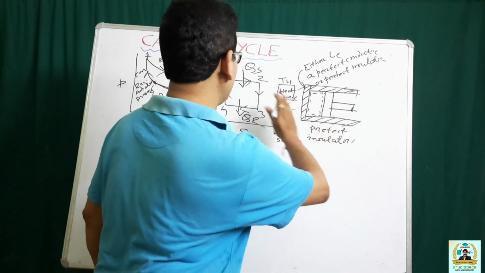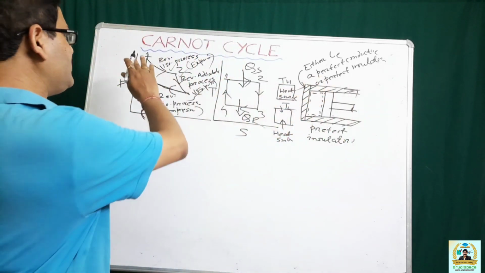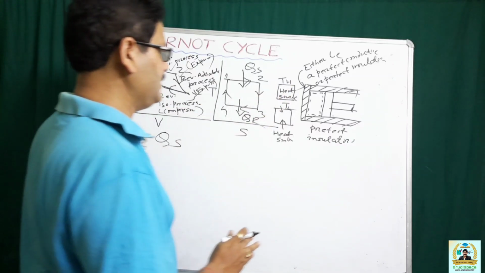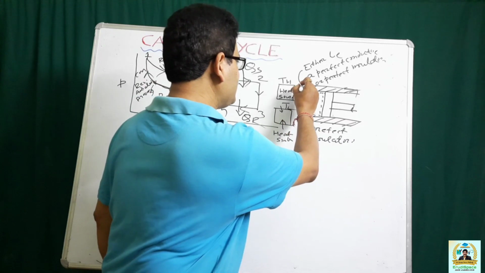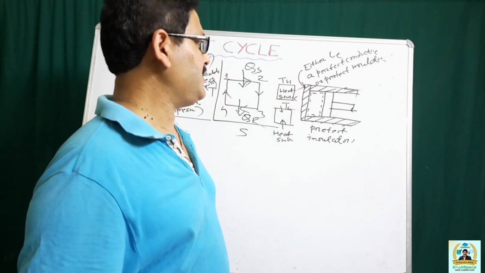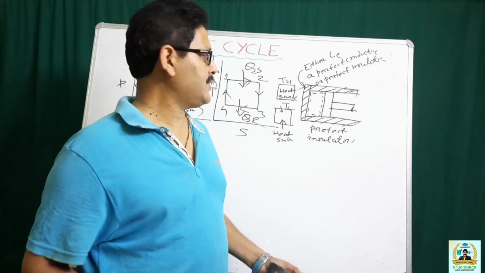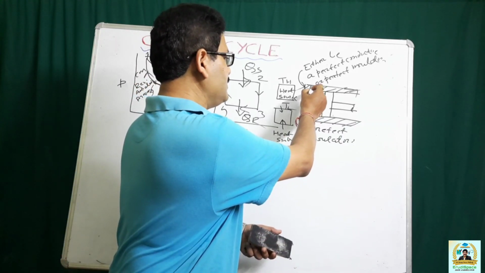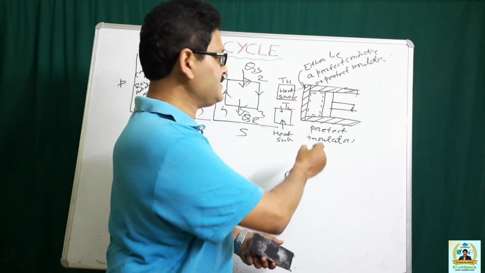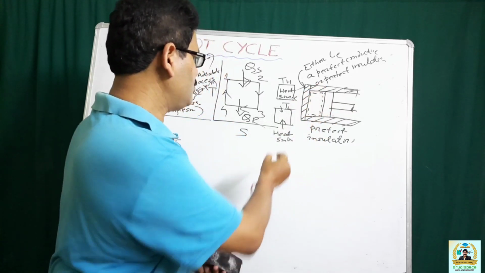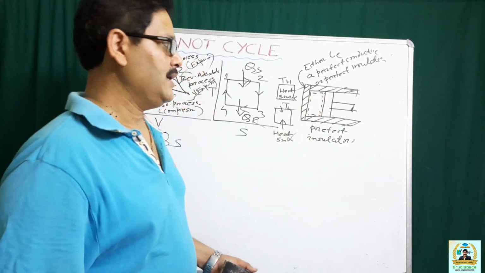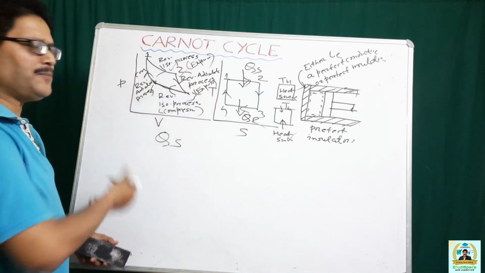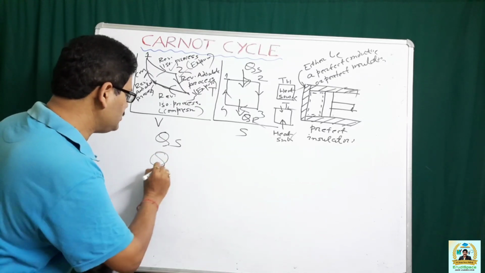And after undergoing the reversible isothermal expansion and reversible adiabatic expansion, this cylinder head is made a perfect conductor of heat, and heat transfer takes place from the working fluid to the heat sink, and this is a reversible isothermal process. This is your heat rejected.